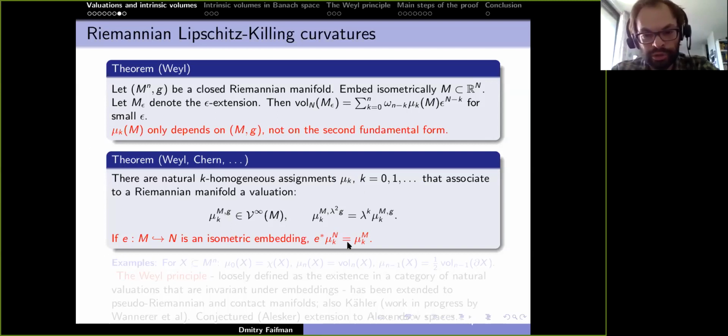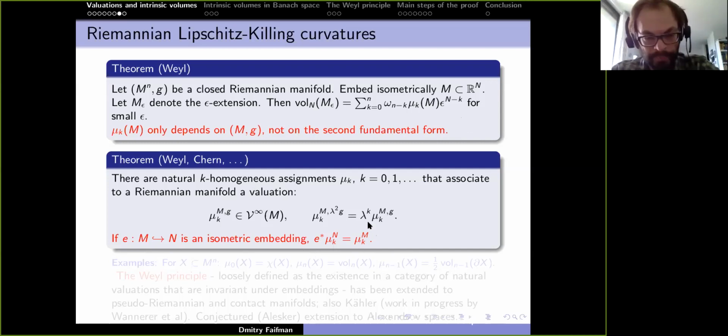And the property that Weyl described is that whenever you have an isometric embedding of M inside N, the restriction is what it should be. So that's a translation of Weyl's theorem into valuation language, combined with some results of Chern.